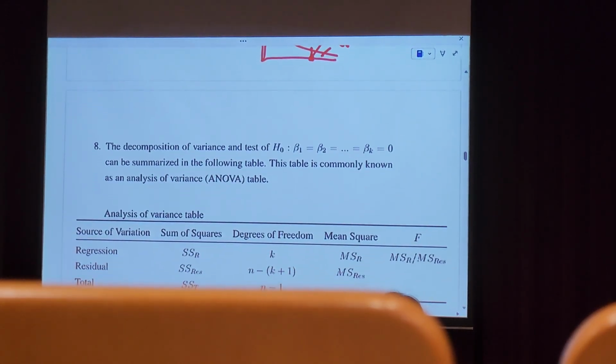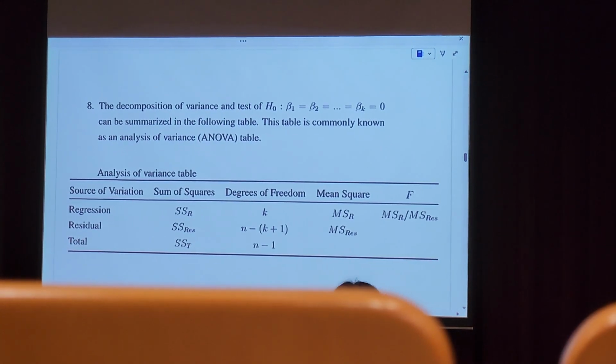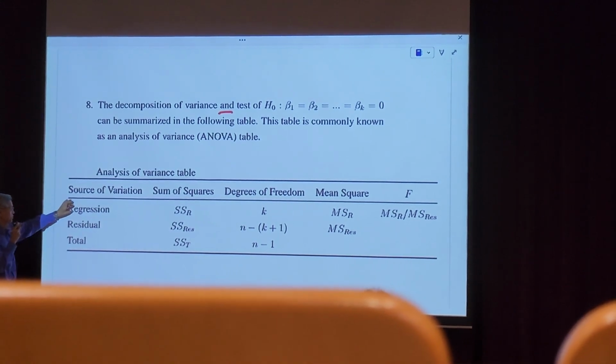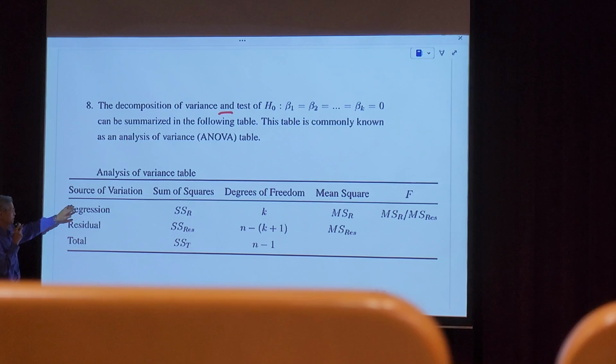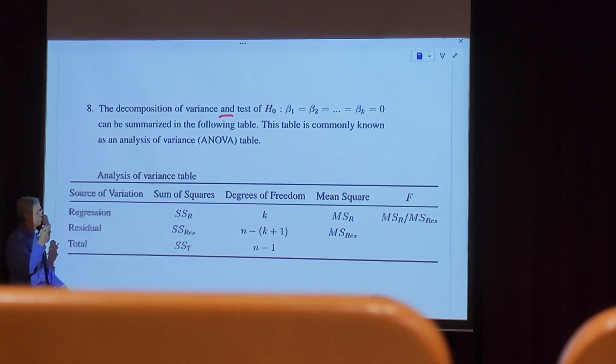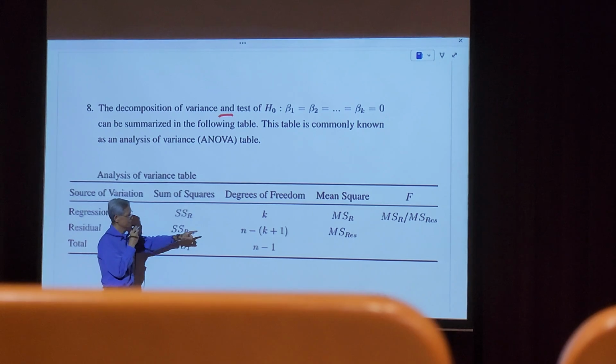And this decomposition of variance and the test can be summarized neatly into a table, commonly known as the analysis of variance table. It shows you the source of variation, total, can be broken down into regression and residue. So that is the sum of squares. That's the degrees of freedom.